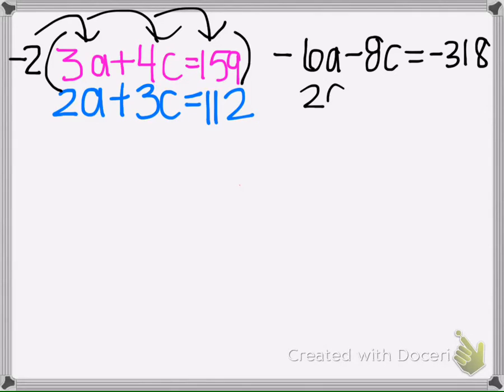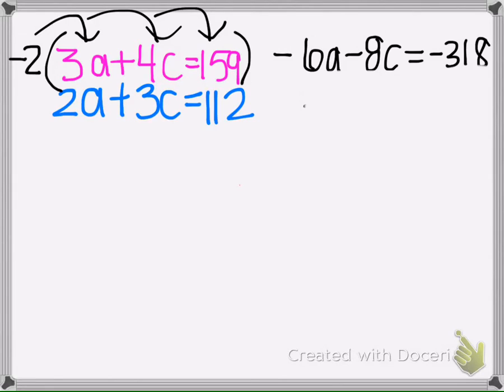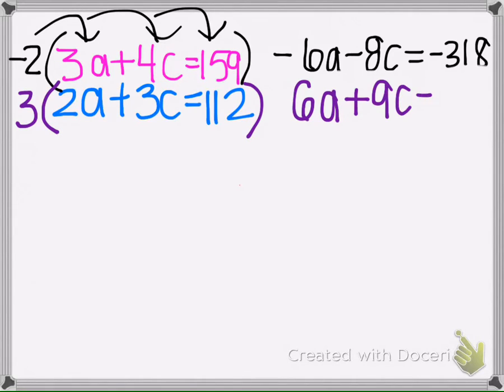And now the bottom equation here, I don't have opposites. These aren't opposites. So what I need to do is I need to multiply the bottom equation by 3. So then I would have 6a plus 9c equals 336. And now we have opposites here.